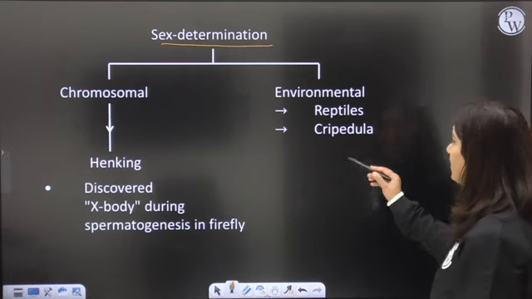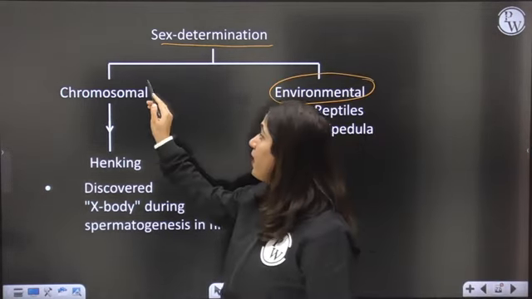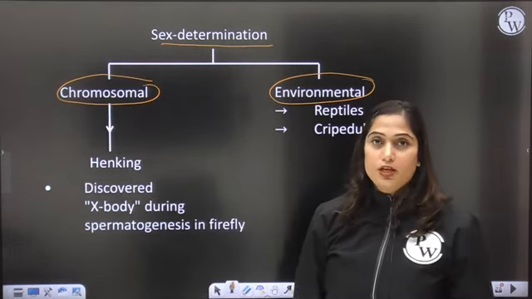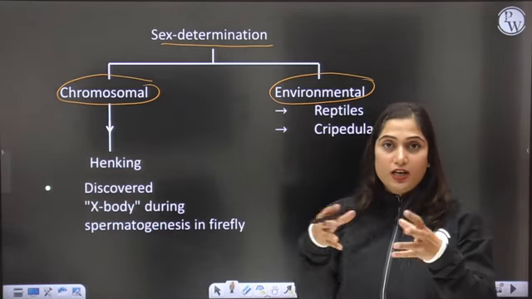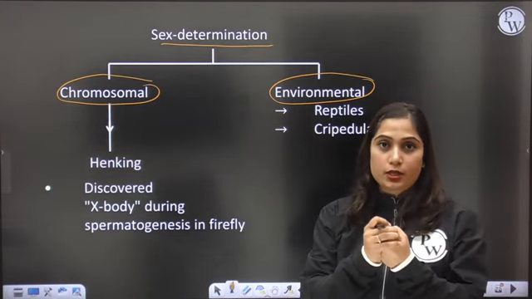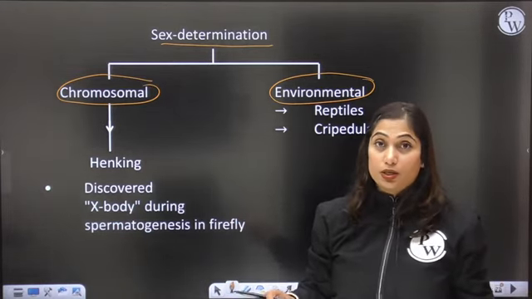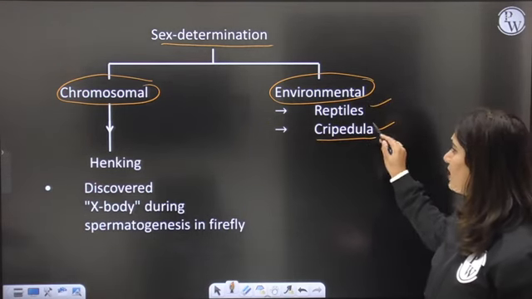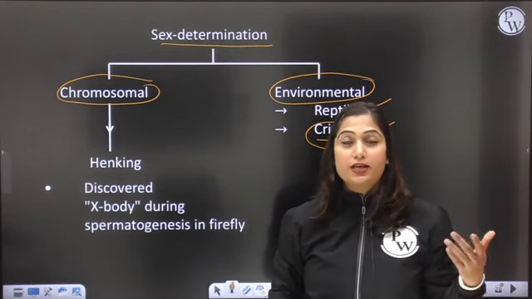The gender of the progeny can be decided either by environment or by specific chromosomes. Environmental sex determination means it is decided after fertilization, after conception, by environmental factors like temperature. In some reptiles and some animals like Crepidula, environmental conditions like temperature decide the sex of the progeny.